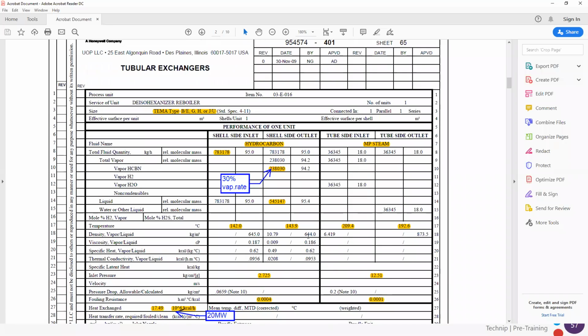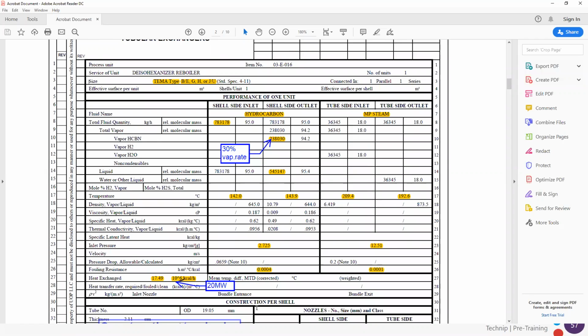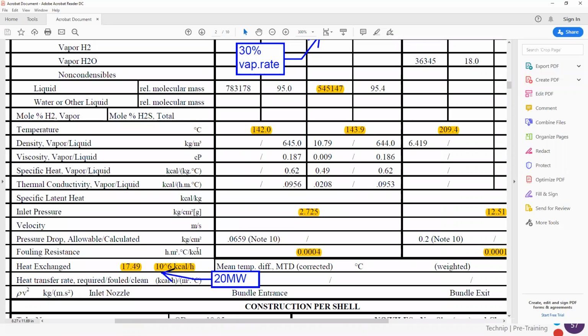And why is that selected? Because let's take a look at the duty. We have around 20 megawatts. So we can say it will be located horizontal since the duty is very, very high.